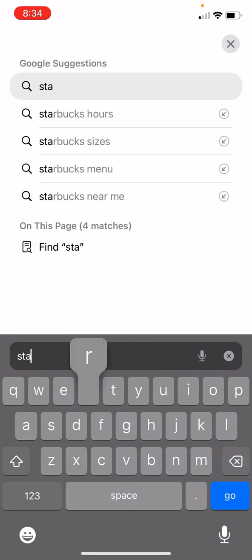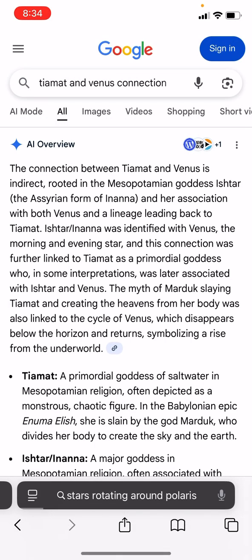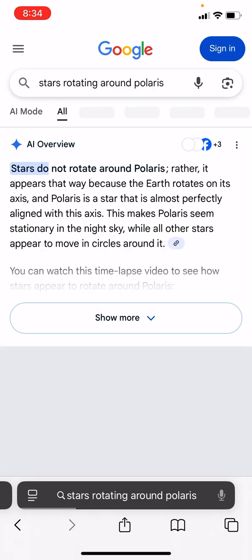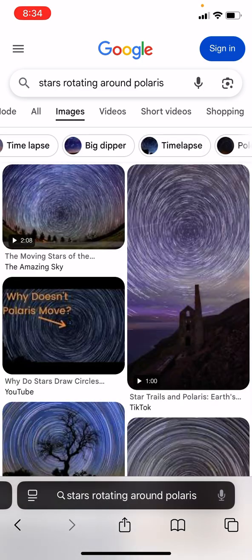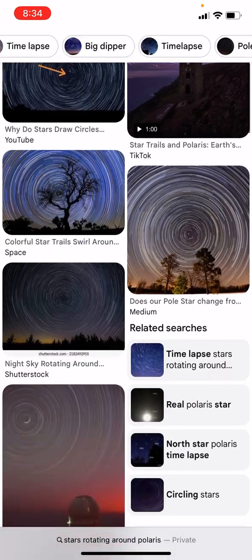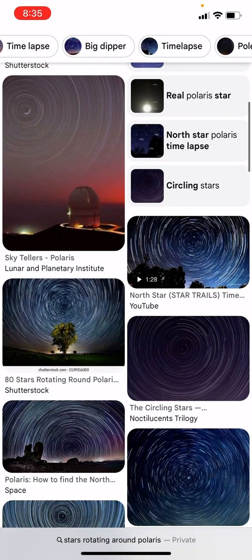Stars rotating around Polaris. If stars don't rotate around Polaris, then what do you call this?